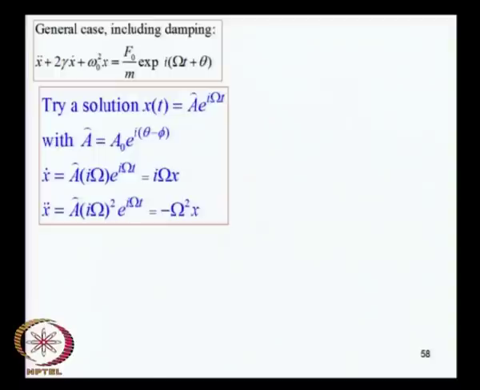So this is our differential equation now, inclusive of damping. This is the term that we had ignored in the part of the discussion we just had. So we will now insert damping gamma.